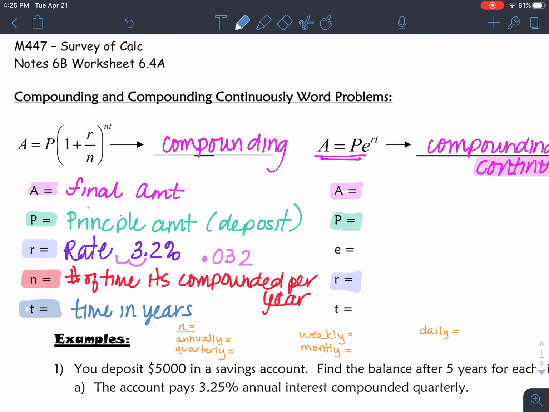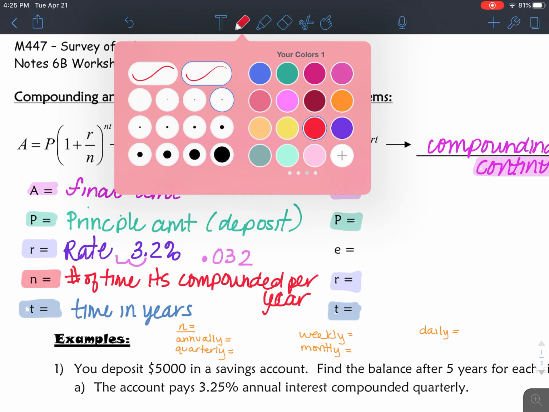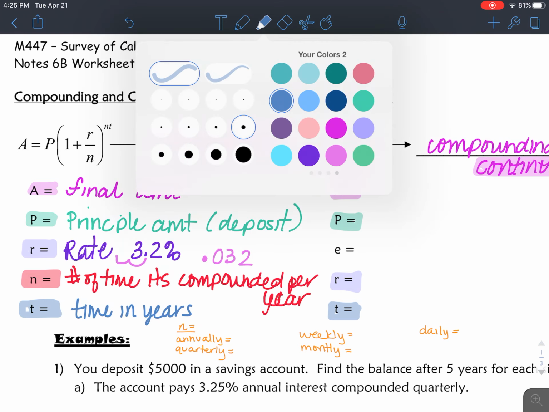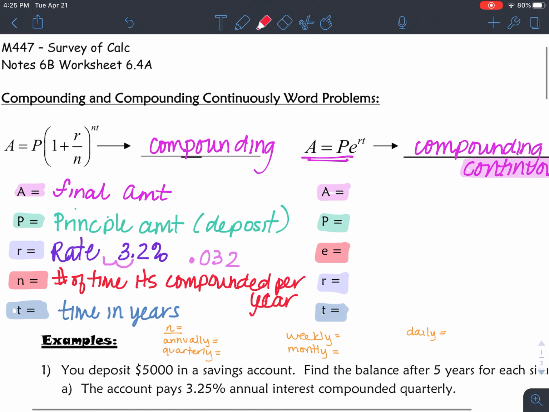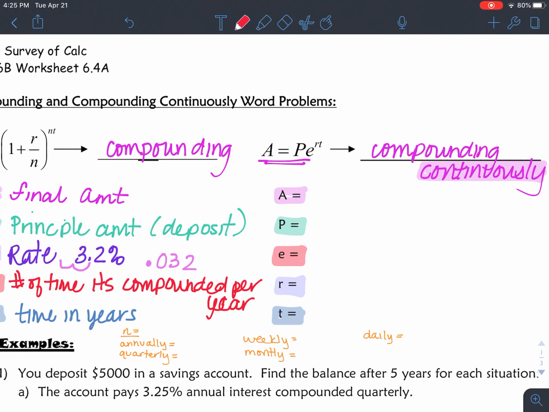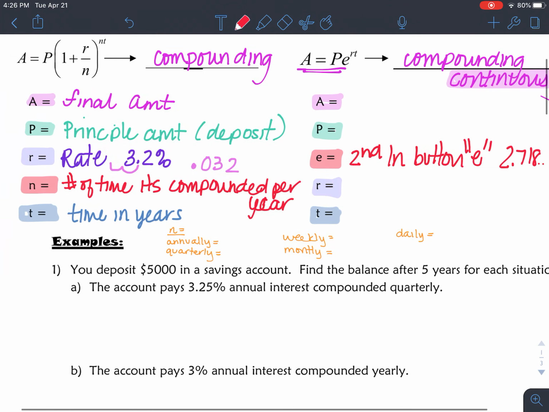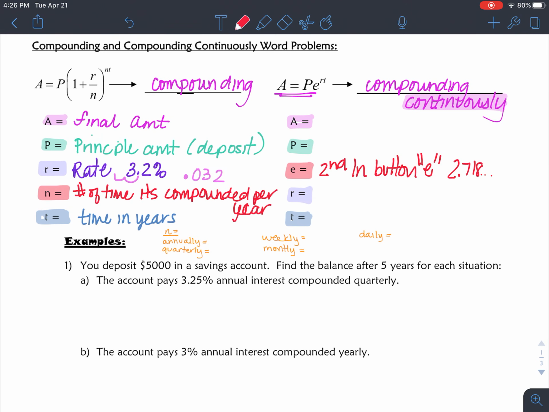Now, that's T on the other side as well, so the only thing that's different here is E. And E is our ln button, the second ln button, as in E, as in 2.718, etc. That is what E is.